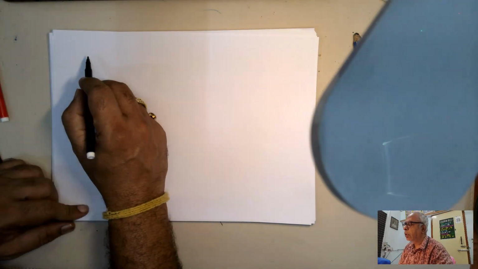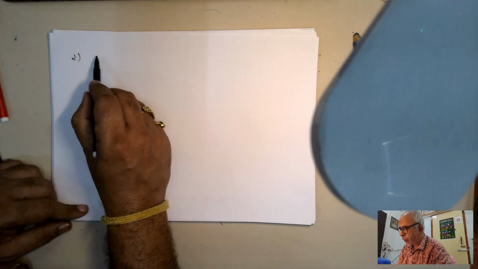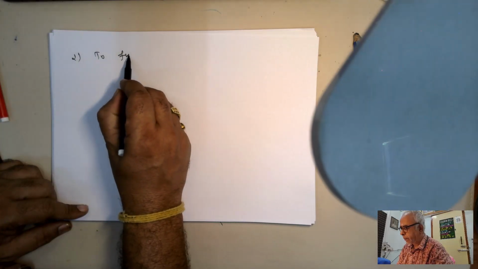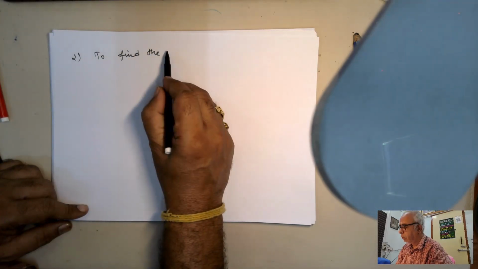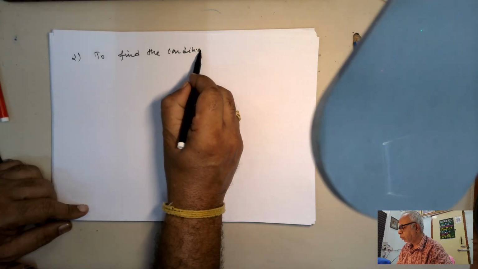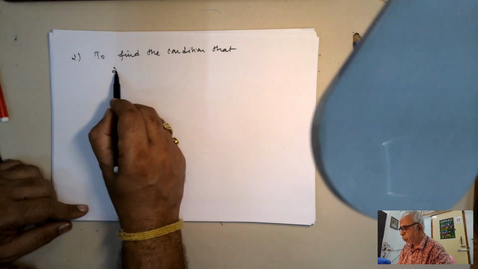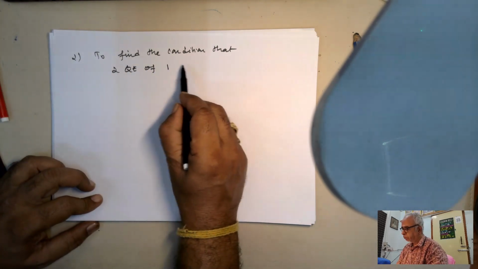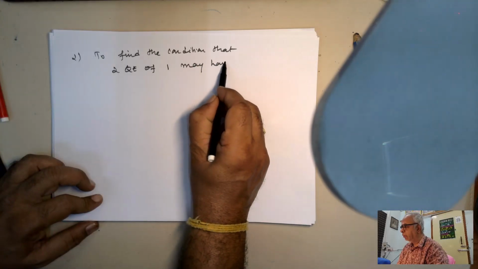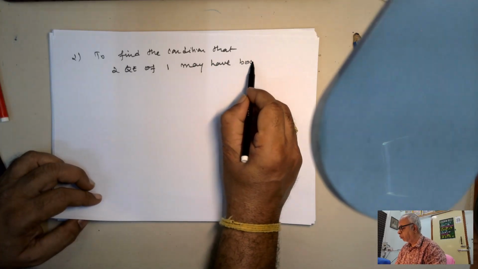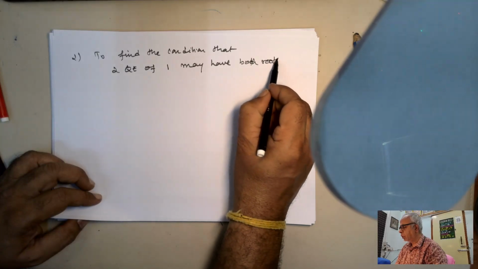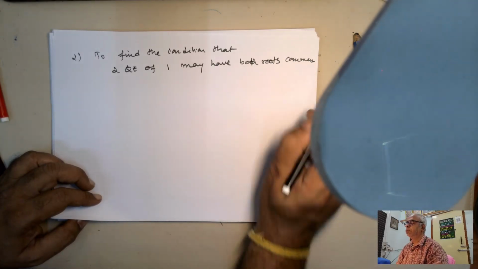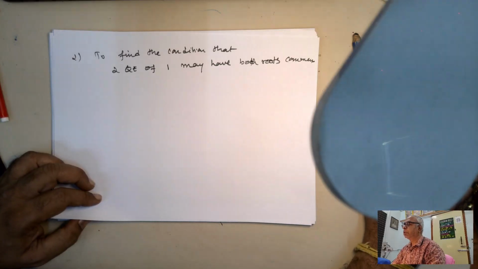Now let us proceed with the next concept, that is to find the condition that two quadratic equations may have both roots common. So what do you understand from this?